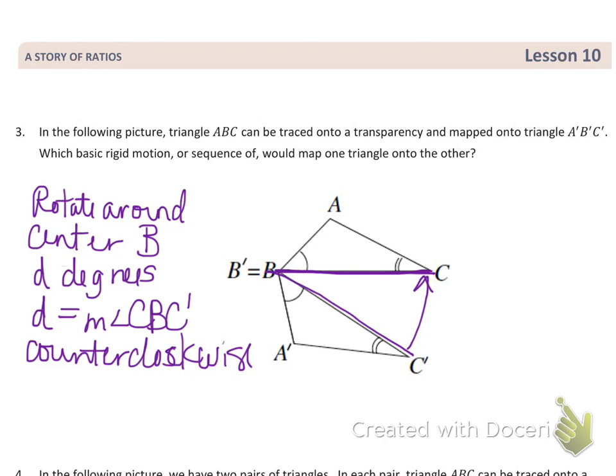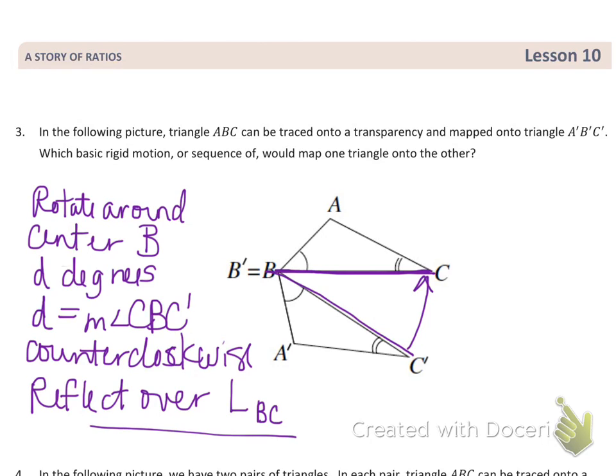So those are lined up, and I'm going to reflect over the line containing BC. So we're going to rotate around point center B, D degrees, counterclockwise, and then reflect over line BC.